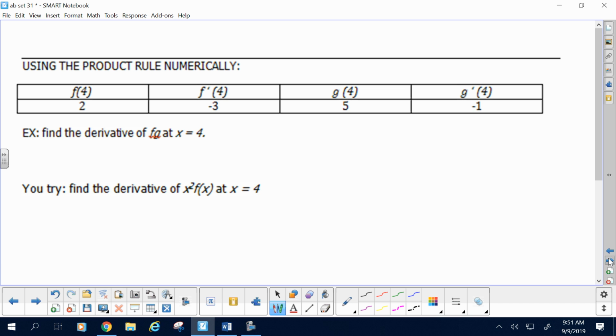So my first example is find the derivative of fg. That's f times g. That's not f of g. So don't think of it as a composition, which we haven't done yet. Those can be written that way. This is f times g.